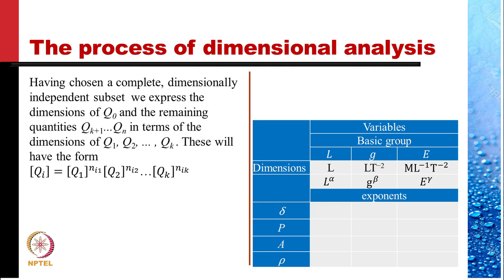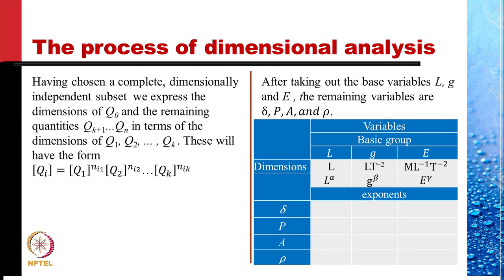So in our example, delta would have a dimension of L raised to power alpha, G raised to power beta, and E raised to power gamma. After taking out the variables L, G, and E, the remaining variables are delta, P, A, and rho, which we have written in the left-hand column at the end.